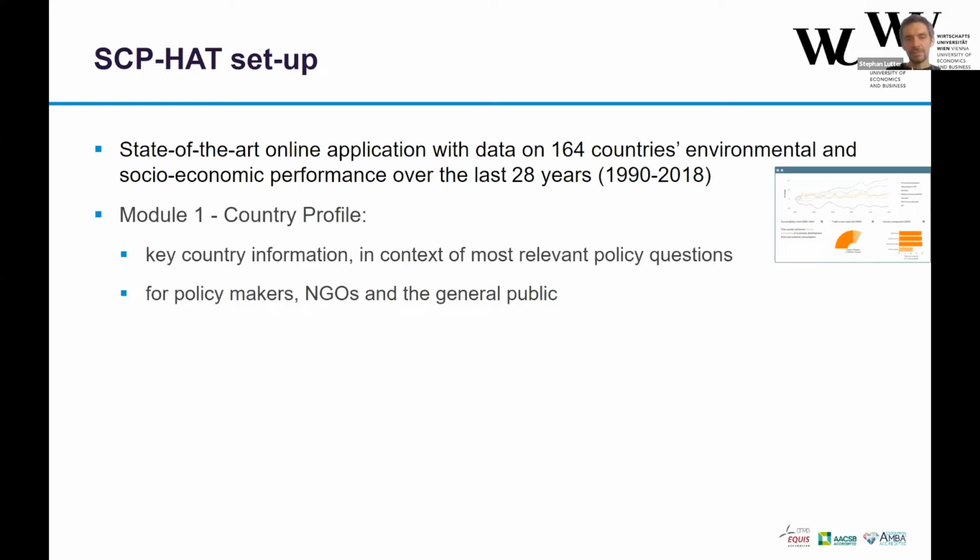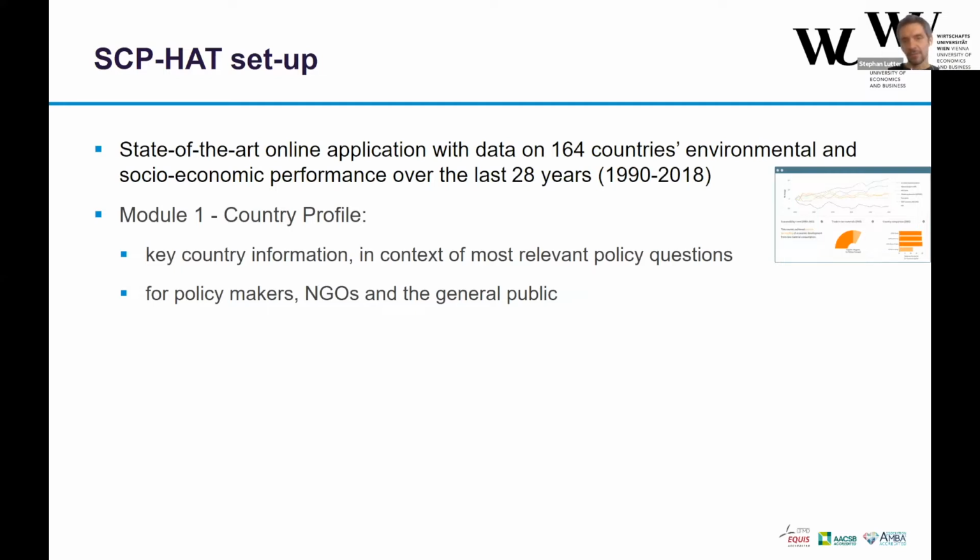There are 3 main parts of it so far. The module 1 is called Country Profile, where you really get for the policymakers, for people who have very limited time and need the key information at a glance. You get the key information on your country in the context of the most relevant policy questions.